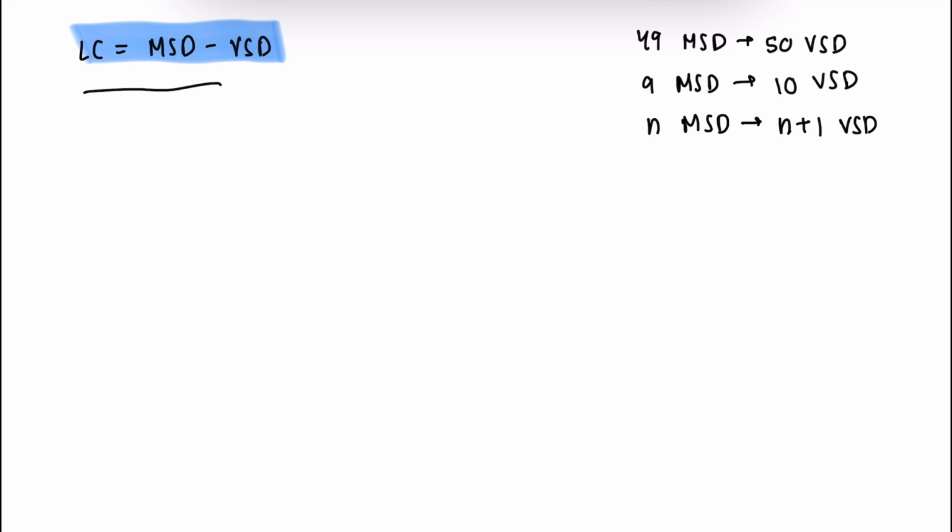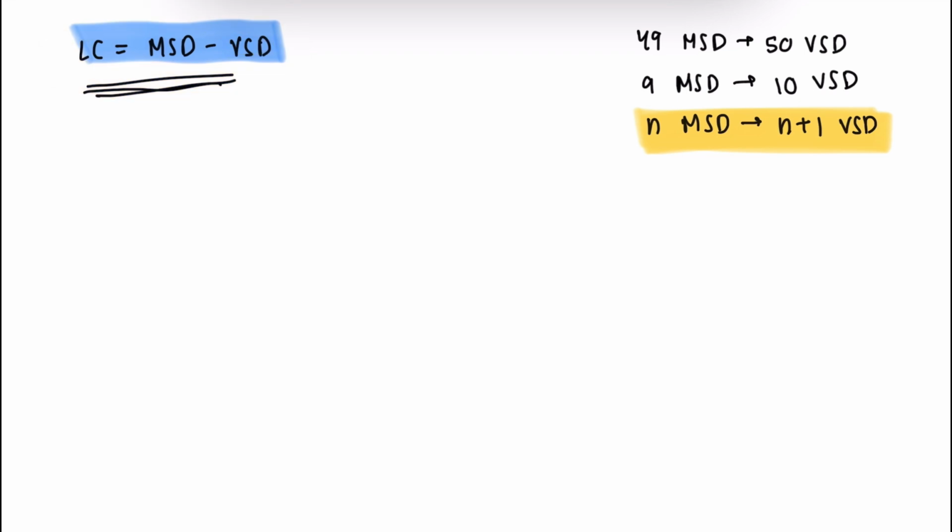So we can use this formula right here when this happens, when n MSD are coinciding with n plus 1 VSD. That's when we can use this formula right here directly as the least count.